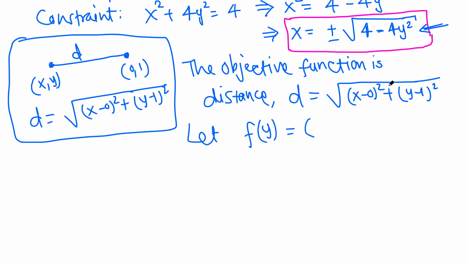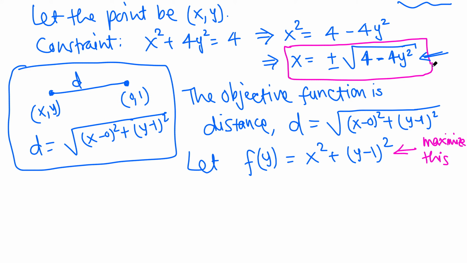I'm just taking inside x minus 0 square means just x square plus y minus 1 square. And we would like to maximize this, okay? Optimize this, in this case maximize. When we maximize this, then the distance means the square root of this will be maximized as well.